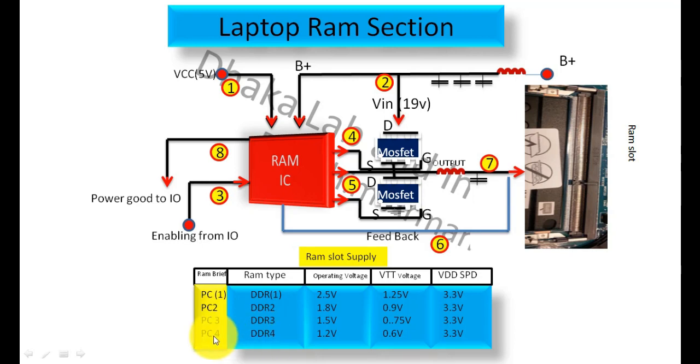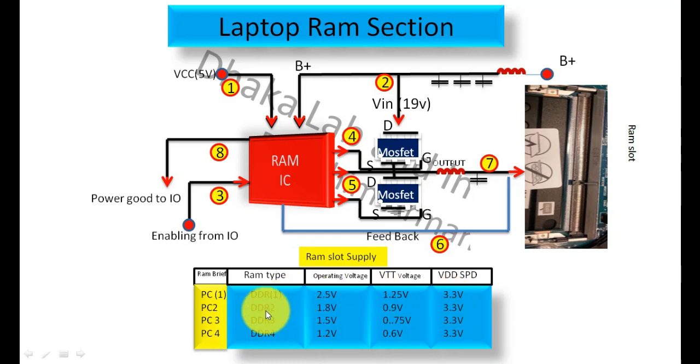Or if the RAM is DDR3L, there will be PC3L. For DDR1 there will be PC, and the DDR1 operating voltage will be 2.5 volt, and VTT voltage will be half of the operating voltage, that's 1.25 volt, and VDD SPD will be 3.3 volt.